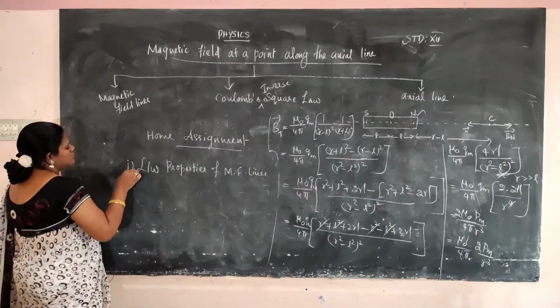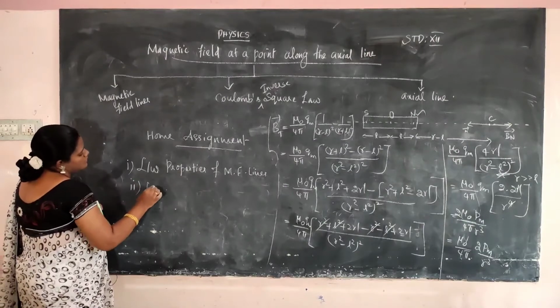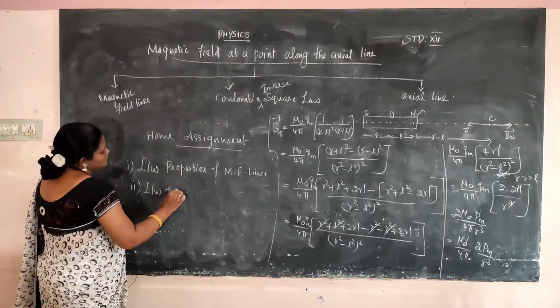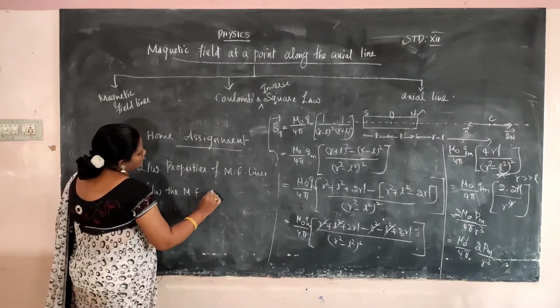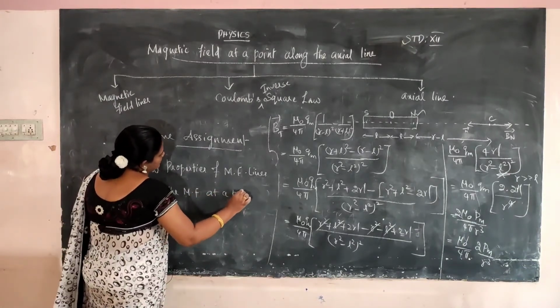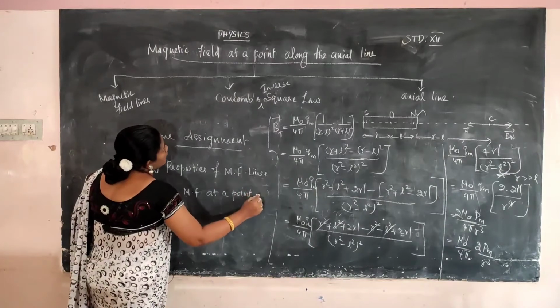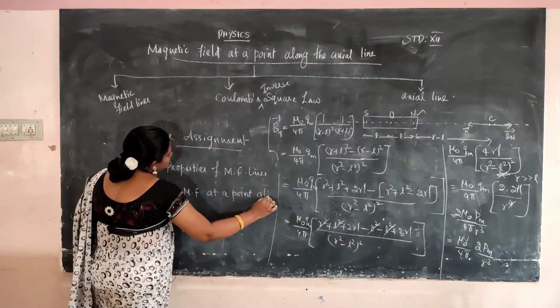Second, learn and write the magnetic field at a point along the axial line.